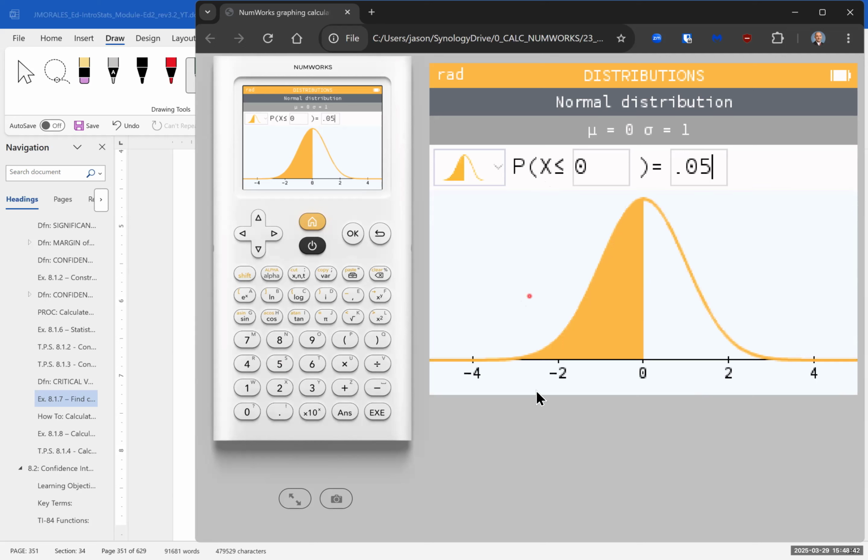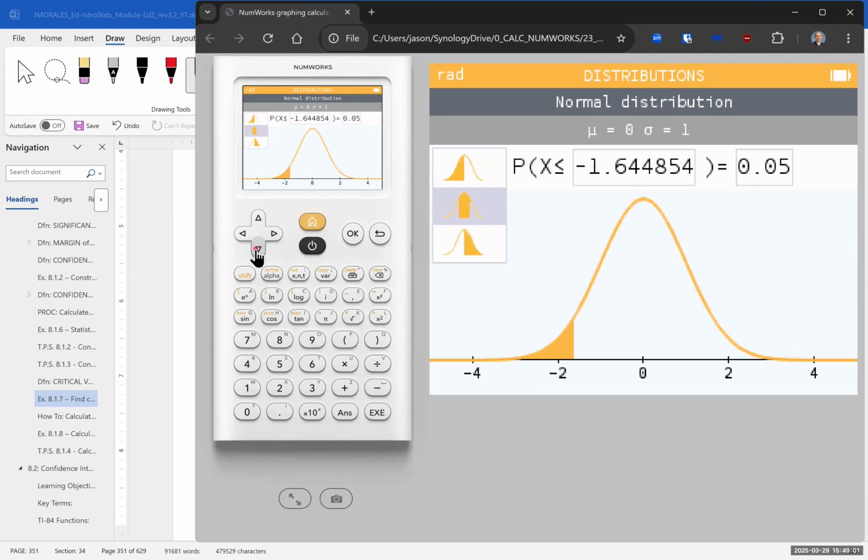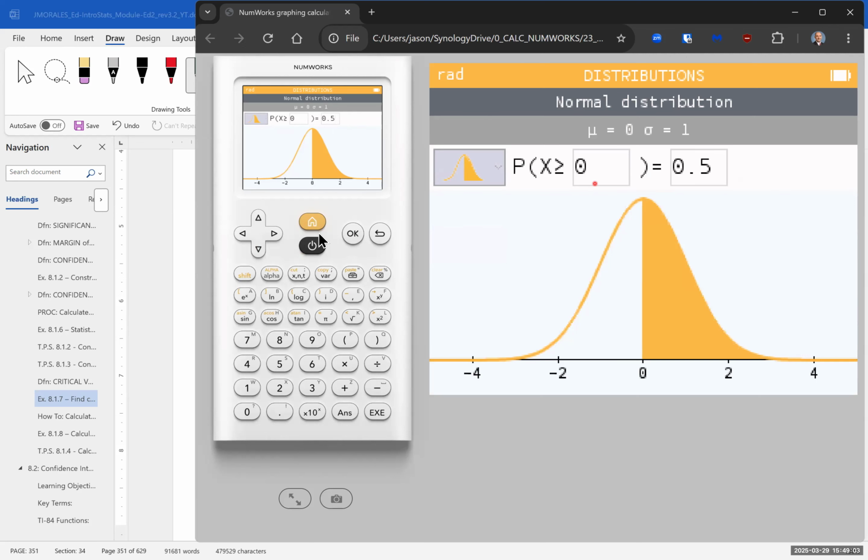Now that we're going to have an area to the left with an area of 0.05, we expect this z-score to be a negative 1.6448 something or other. There, and see it shows it. If I change the area to be to the right, and I put an area of 0.05, now it's giving me a positive 1.645.